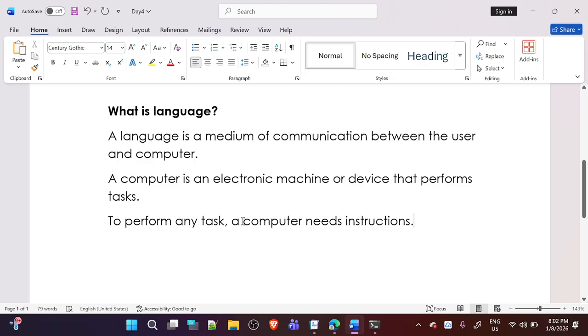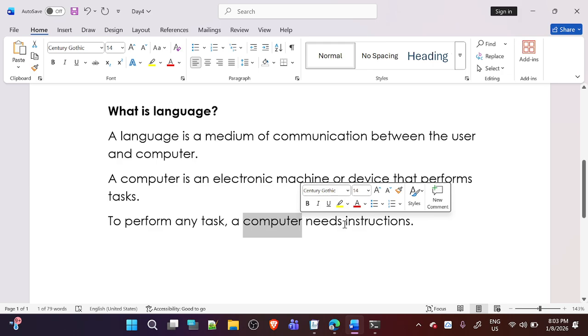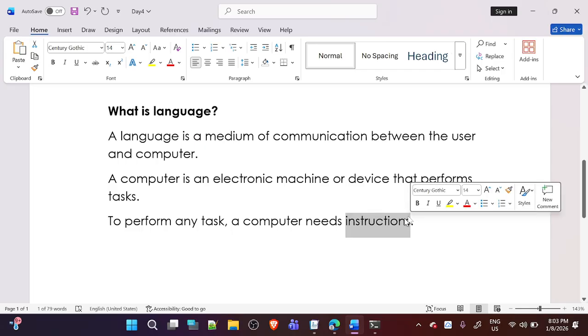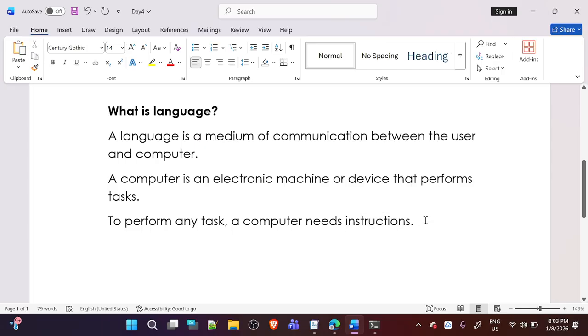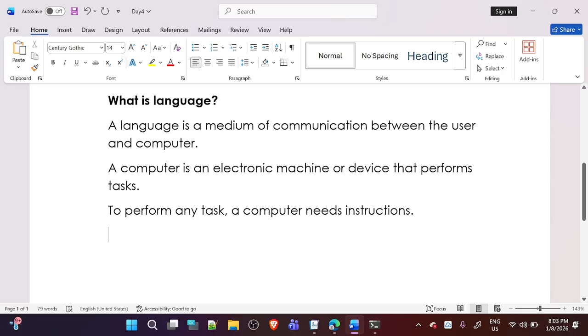Why? Because the computer understands one language, which is machine language, a low level language, or we can say binary language. It is really hard for humans to give instructions to the computer in binary language. So what is the solution here?